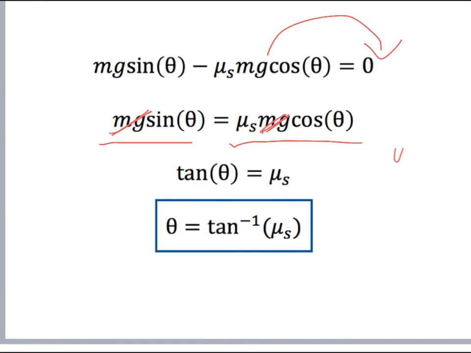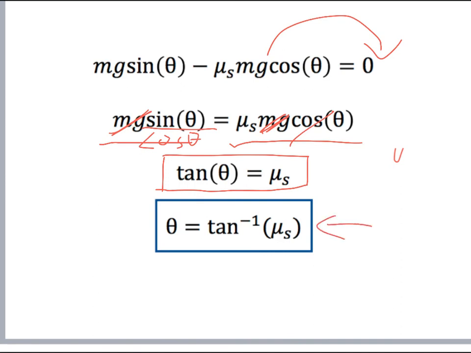And if I divide both of these by cosine, the cosine will go away. I'll get sine over cosine over here. Sine divided by cosine is tangent, and I'm left with tangent of theta equals mu. And then to get the theta, I just take the arctangent of both sides, and I'm left with this.